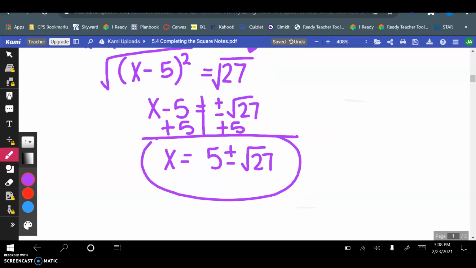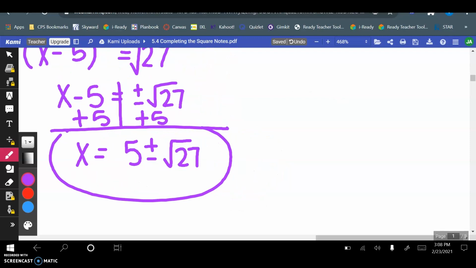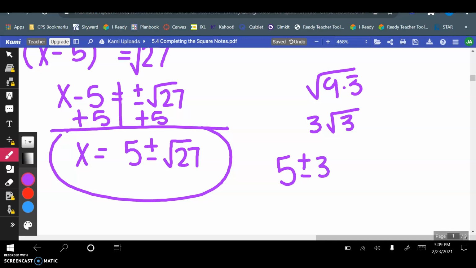We could also break up the square root of 27. Square root of 27 would be 9 times 3. The square root of 9 is 3, so that 3 would go outside, and we would have that other 3 left inside. So we could write our answer as 5 plus or minus 3 times the square root of 3.